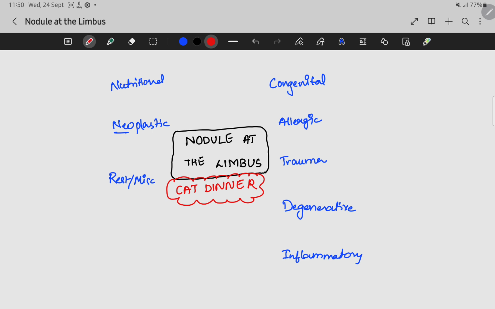So now we'll discuss each of the entity in this. So coming to the congenital causes, we have dermoid, dermolipoma, and raised nevus.